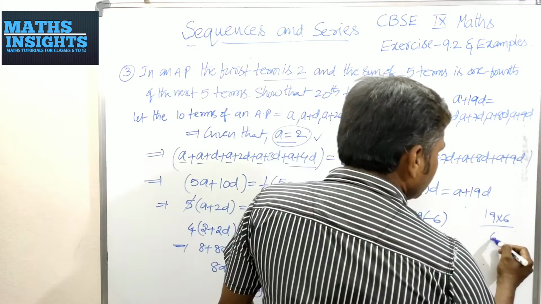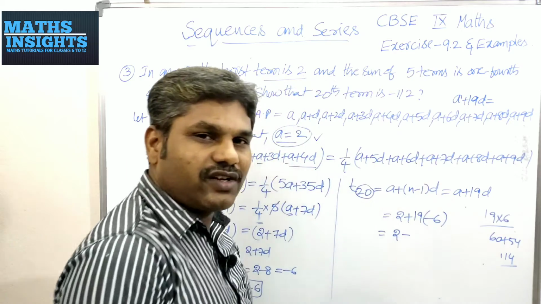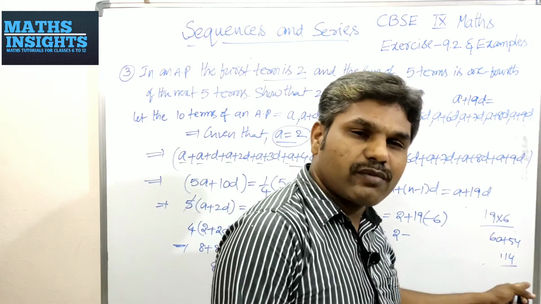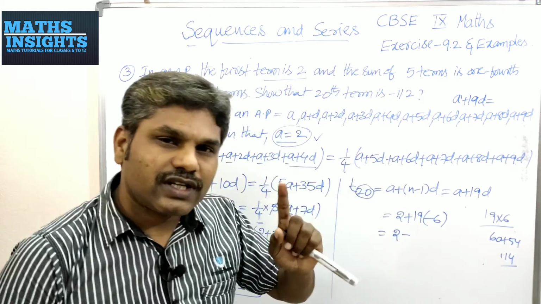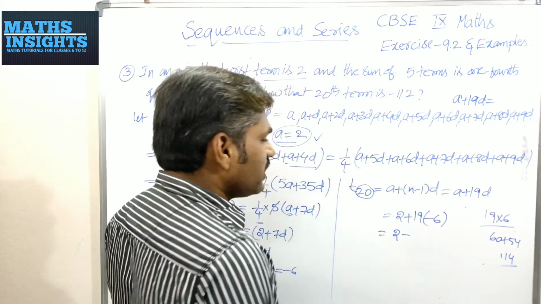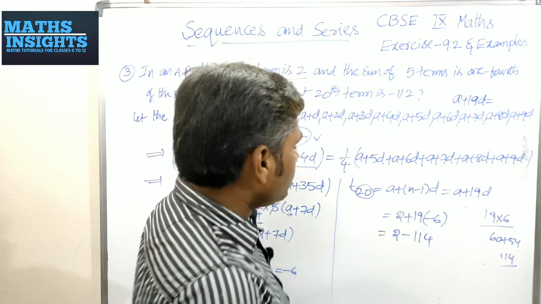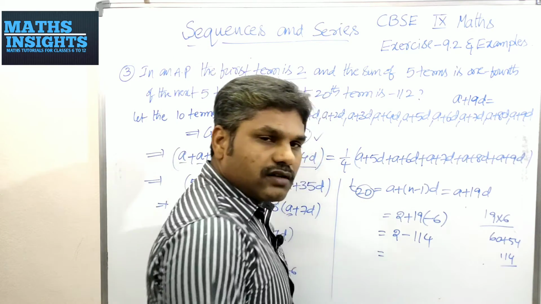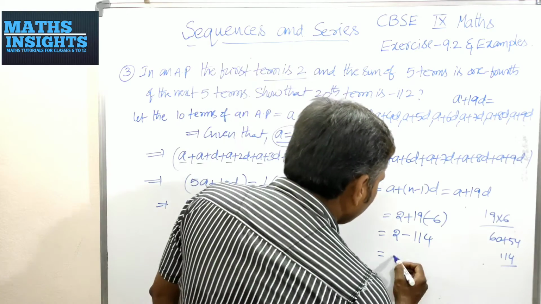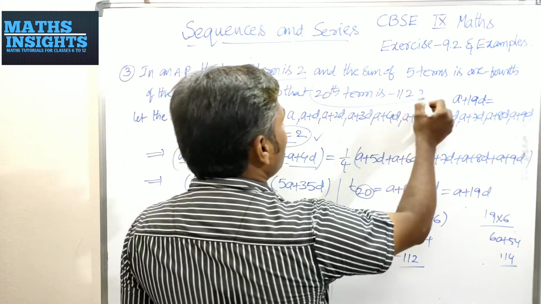So it will become 60 plus 54, 114. You may not have it in your mind, but if you know the tables up to at least 20, it will become very easy. So 19 6s are 114. 2 minus 114 will become minus 112, which is what they're asking.